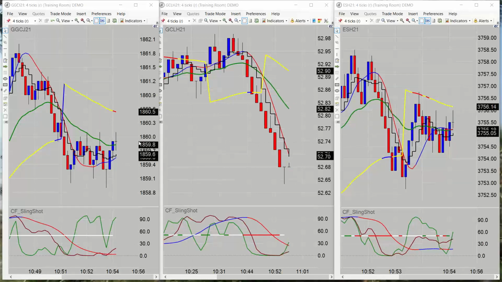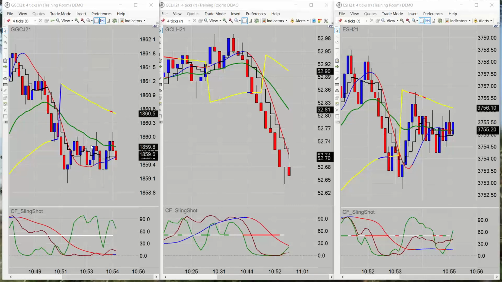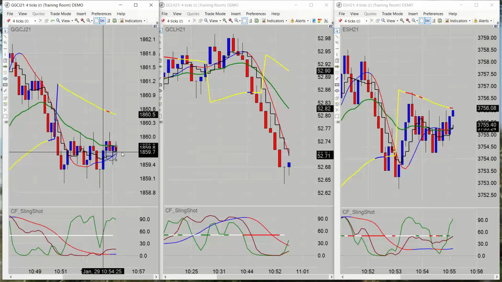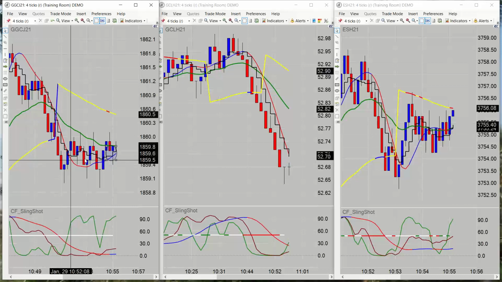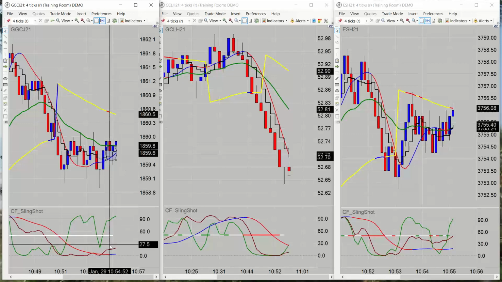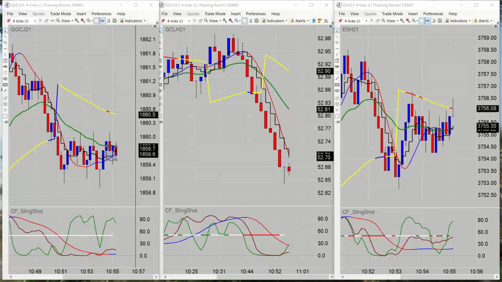If you all have been looking at the 4-tick charts, you'll notice everything is moving a little more slowly than it was previously. We have this down close here on the gold, and we've got bearish separation here. So you could actually get a better entry here than the 59.7. I tried for 8, didn't get it.